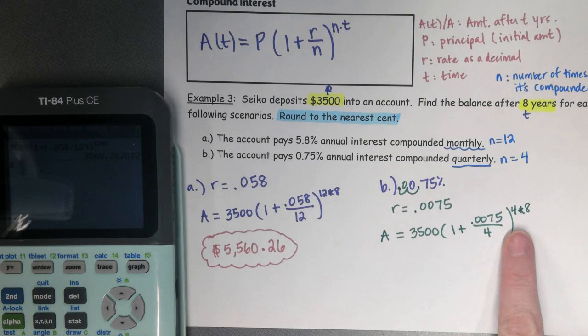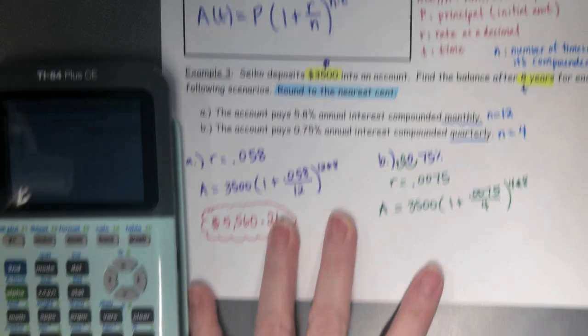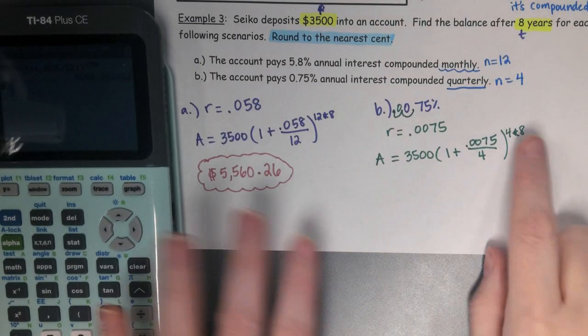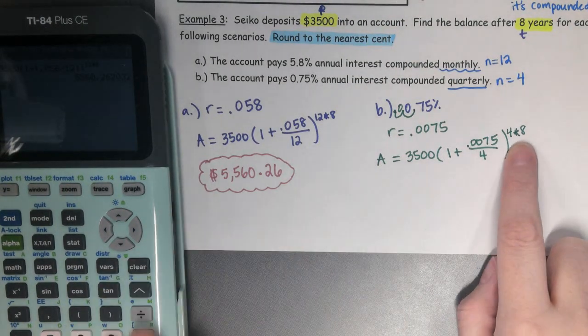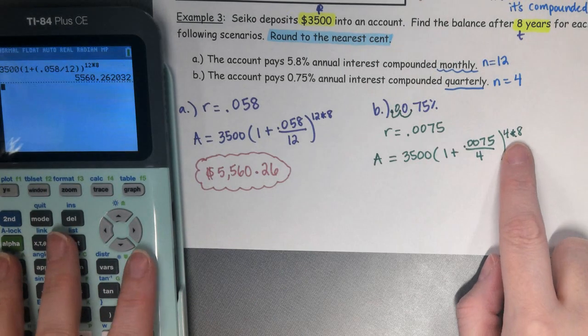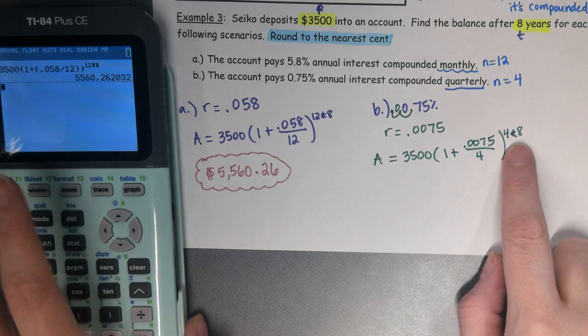So if you have a calculator that you need to put the parentheses in, if you just do that part in your head, because you know it's 32, that will be a little bit different.